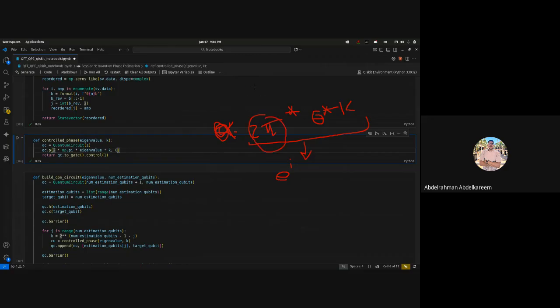The eigenvalue is between 0 and 1, and k is the number of times the gate has been applied. After all of that, we apply one control, so it's control gate. Then we can convert it to a gate. So the control phase takes the eigenvalue and k, how many times we want to apply it.